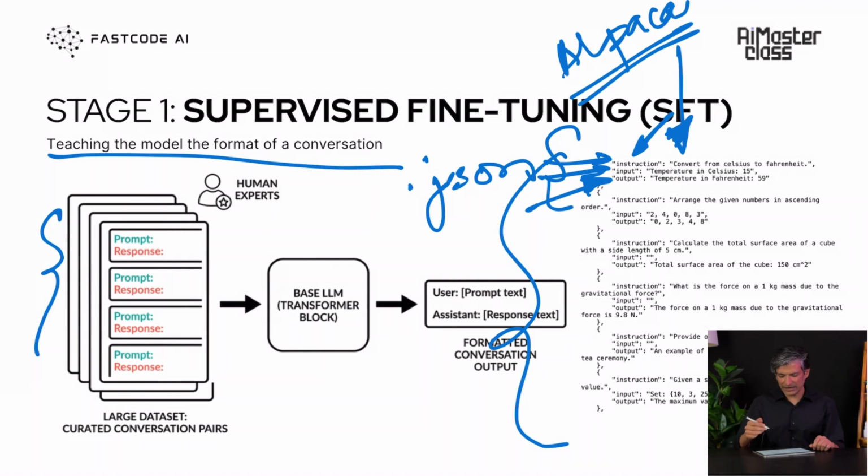More on that in the next slide, but let's look at one more example. Here, what is our prompt? The prompt is: arrange the given numbers in ascending order. And what are the numbers? It's 24083. So this is your context, 24083, and as output we want 02348, the list sorted in ascending order.